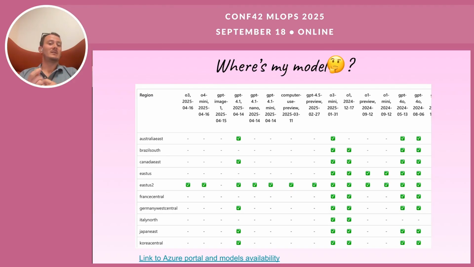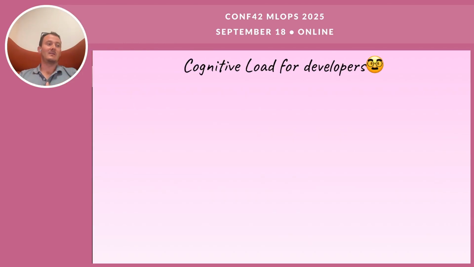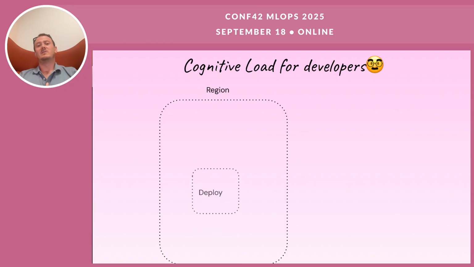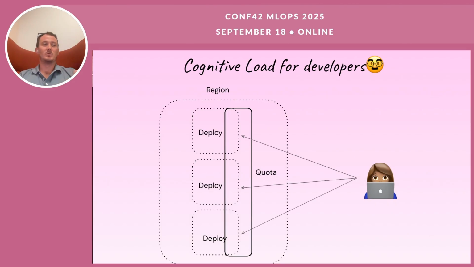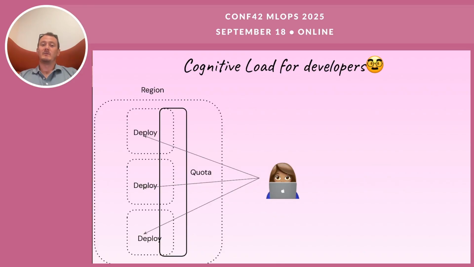And it means that not every model is available in every region. That becomes a very complicated thing for developers, because they need to remember that they have a region, and in every region, they need to create a dedicated resource where they will deploy the model. And then the quota, the rate limit, is across all those deployments within that region. And the developer needs to know against what region and what deployment they're working.